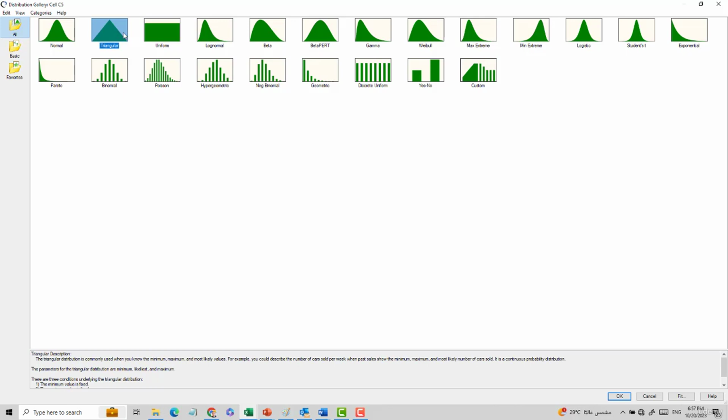Triangle: most textbooks mention cost. In cost estimates, they mention that the cost takes a triangle shape because we have the most likely value of the cost of this product. We have the pessimistic or optimistic, the expected highest value and the expected lowest value.